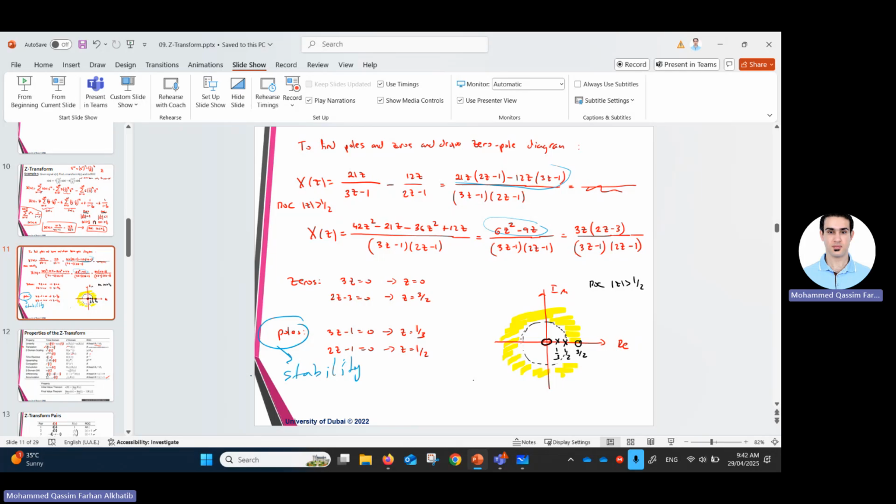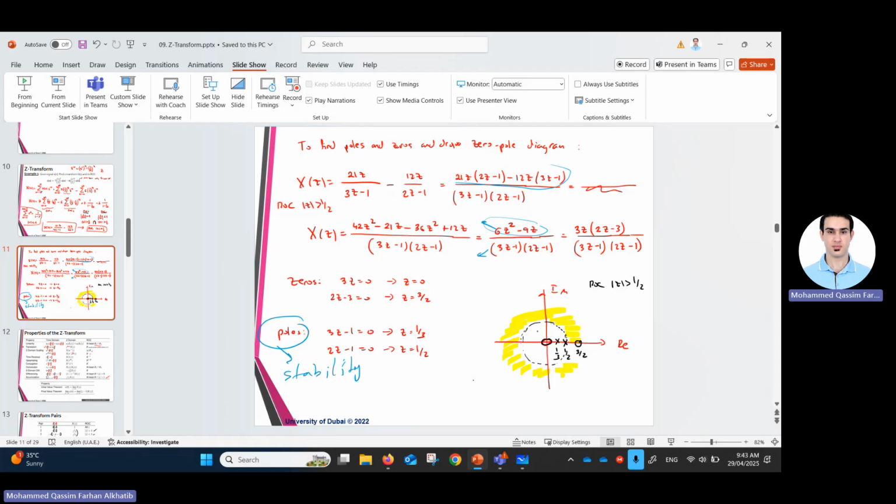Just a quadratic or cubic expression. Then find the zeros of that expression. If you find it for the numerator, we call them zeros. For the denominator, we call them poles. And once you find the poles, you locate them at the z-plane. If they are less than 1, and if they are real valued, then the system is stable, or the signal is stable.